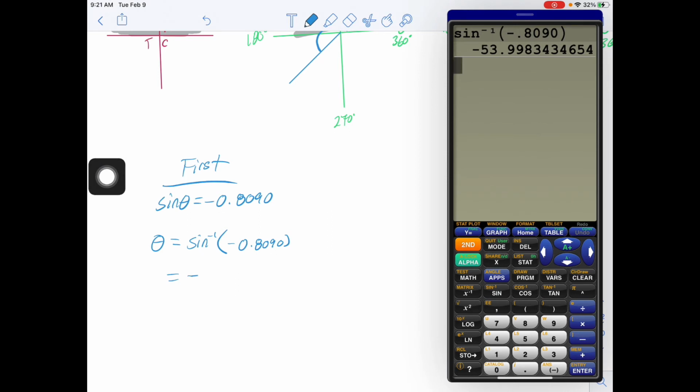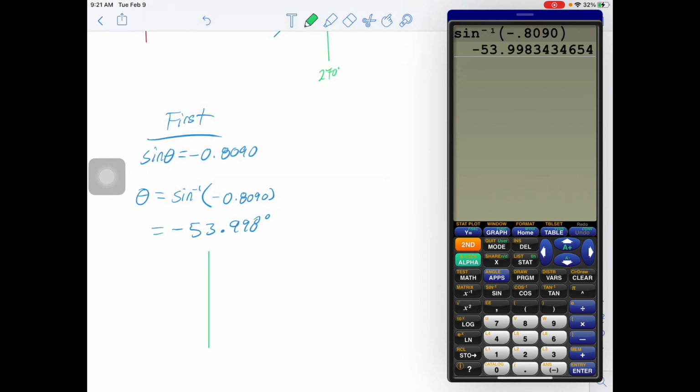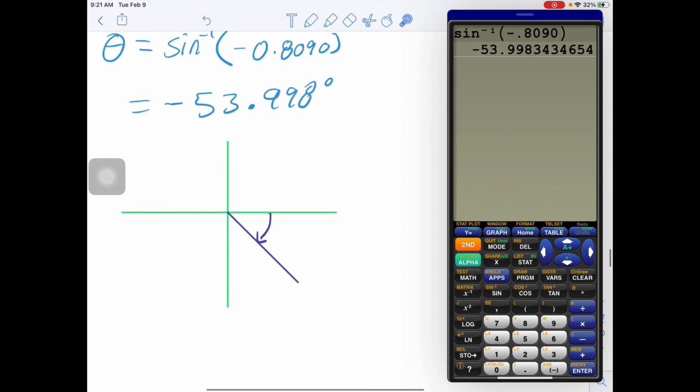So negative 53.998 degrees. What are we supposed to do with that? So the nearest angle that causes sine to be this ratio is found in quadrant 4. What your calculator has done is it has gone clockwise. Remember, clockwise angles are negative.